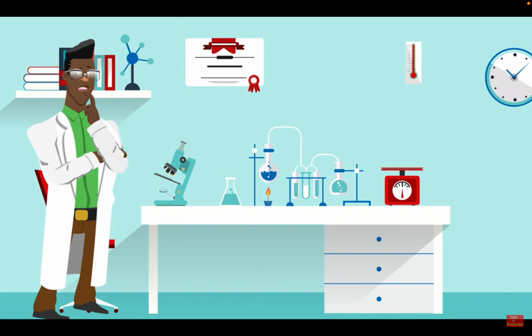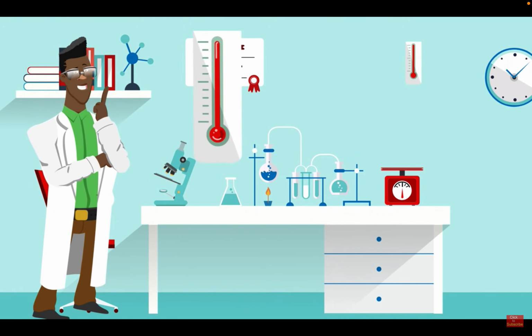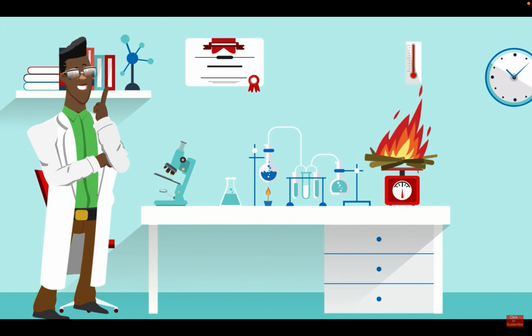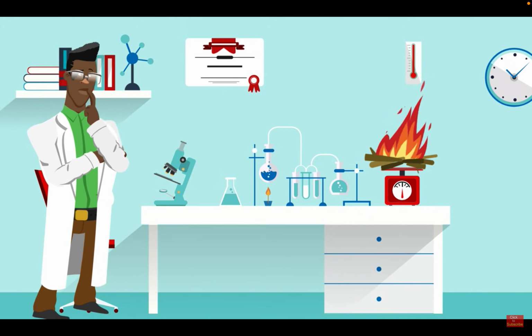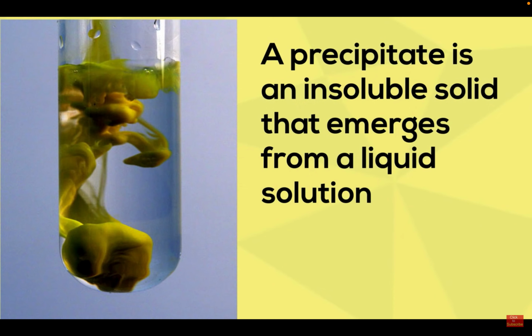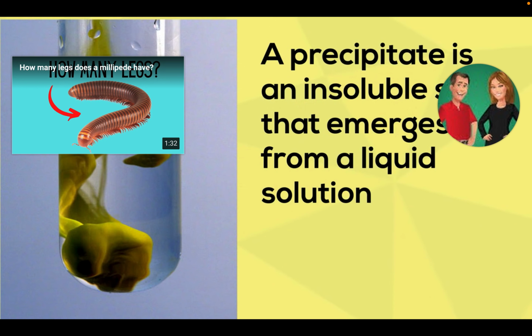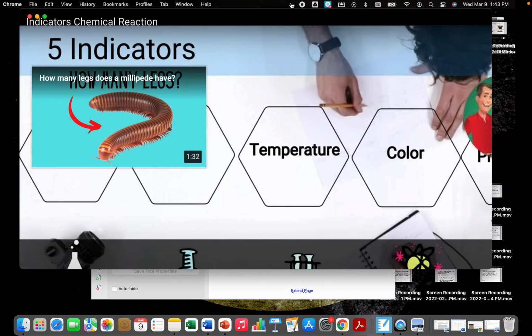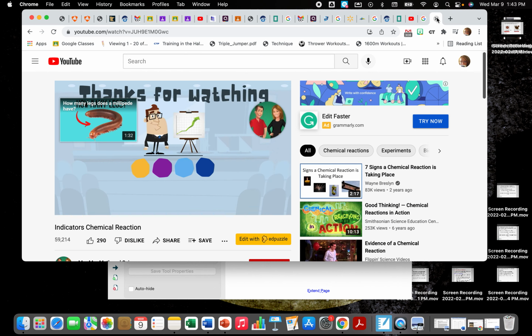Next, a chemical reaction can cause a change in temperature. An example is fire, when the temperature increases, but sometimes it'll be a change in which the temperature becomes cold. And finally, a precipitate is created. A precipitate is a solid that settles after mixing certain liquids. So there we go, the 5 indicators of a chemical reaction. Thanks for watching, and Moo Moo Math uploads a new math video.